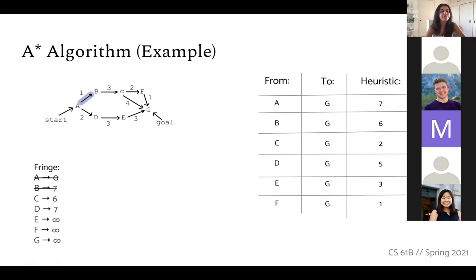You're going to want to pop off C, and then you'd update all of C's neighbors by taking the distance to C from A, which is 4, and then adding the heuristic values. So you're really close, except in this case, for example, if we wanted to update F, we would take 4, but we would also add 2 because we're assuming that we've gotten to F, and then for F to G, we're going to add the heuristic value, which is 1.